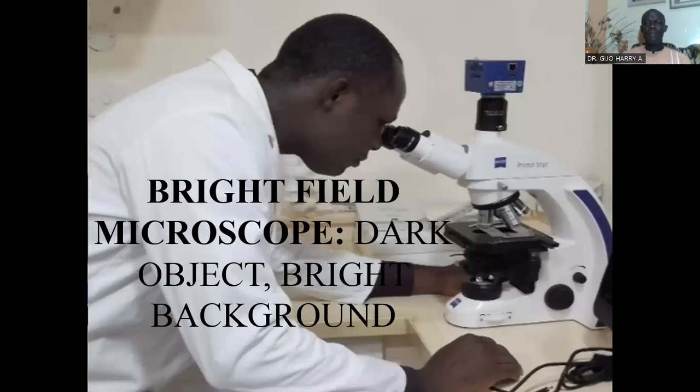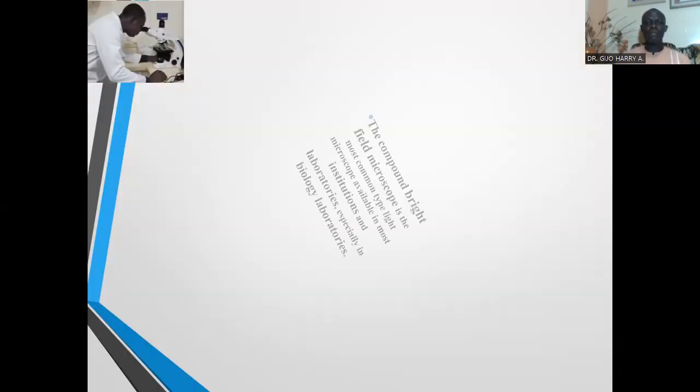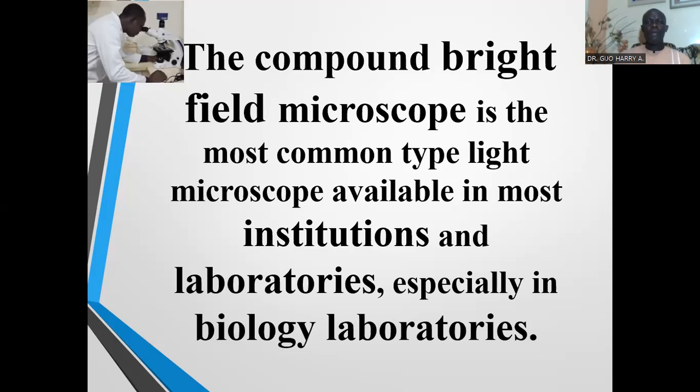The bright field microscope has dark object and black background as a very distinctive feature. The compound bright field microscope is the most common type of light microscope available in most institutions and laboratories, especially in biology laboratories.